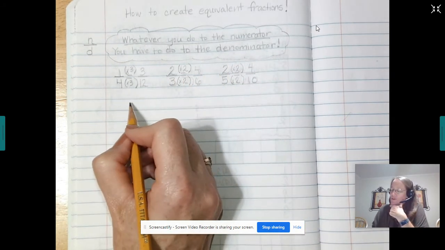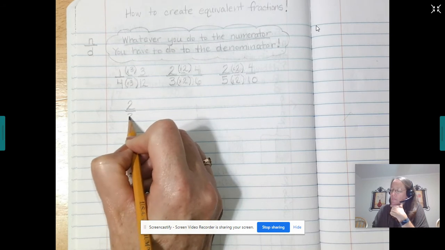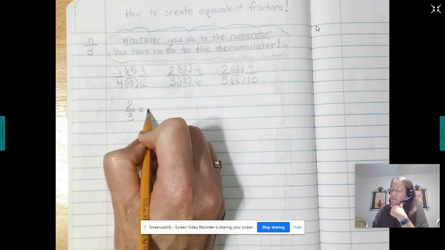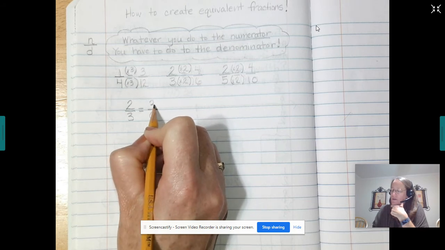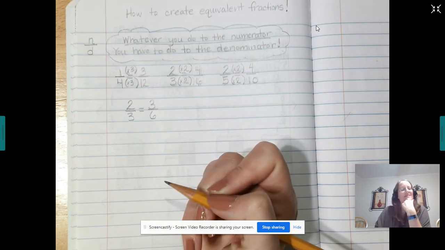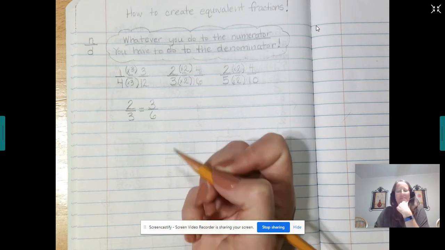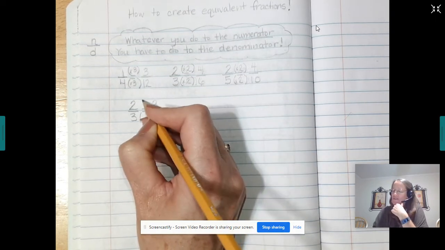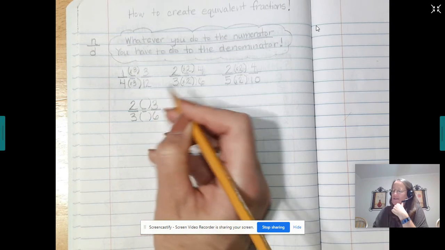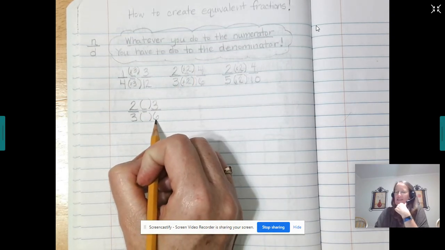Let me ask you this. Are these two fractions equivalent? Well, let's see. If we did the same thing to the numerator as we did to the denominator, 3 times what is 6?